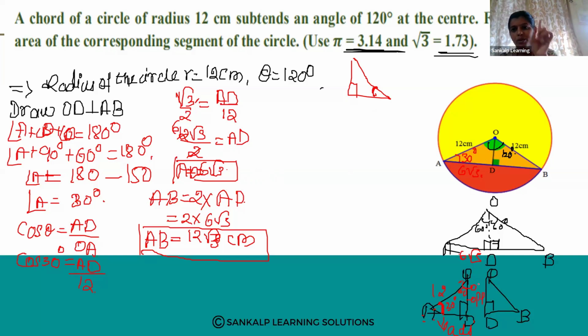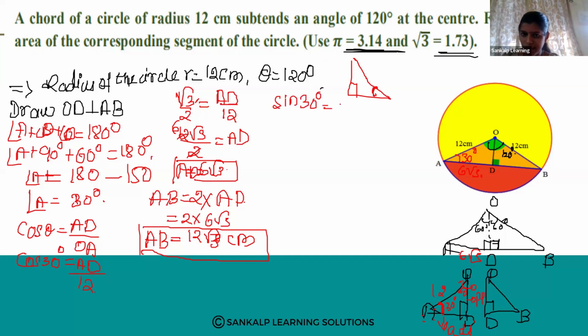So when you know the values of the opposite side and hypotenuse, you can easily find out the OD value. We need the opposite side value. So opposite divided by hypotenuse is sin theta. By using sin theta, we can find out OD.